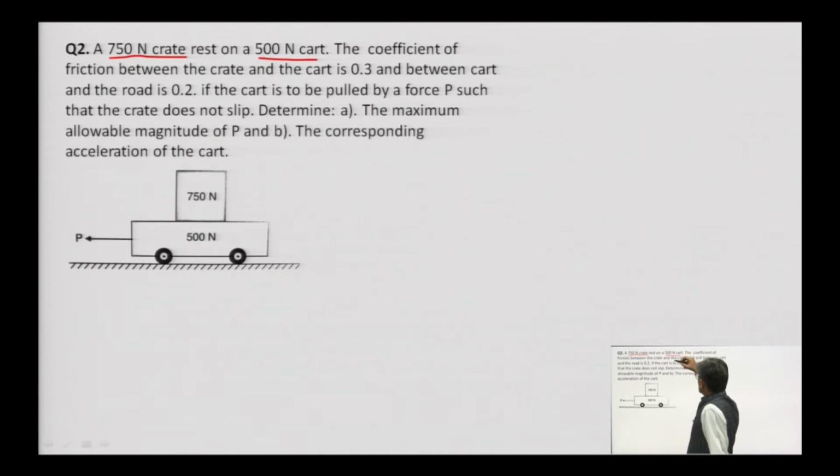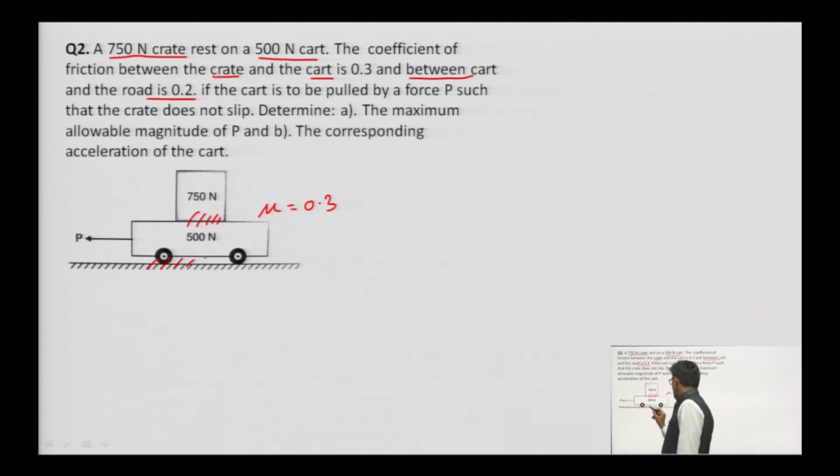This is a trolley actually. The coefficient of friction between the carton and the cart is 0.3. Here the value of mu is 0.3, and between the cart and the road it is 0.2.